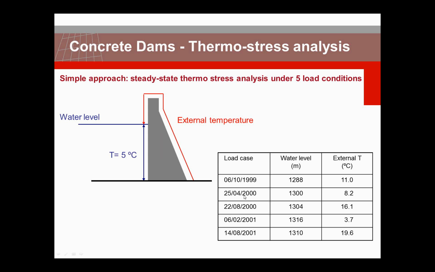And the benchmark formulators defined 5 different load cases. The first one was defined as a reference situation, and you see that the water level was one of the parameters that was varied, and the external temperature the other parameter that was varied.